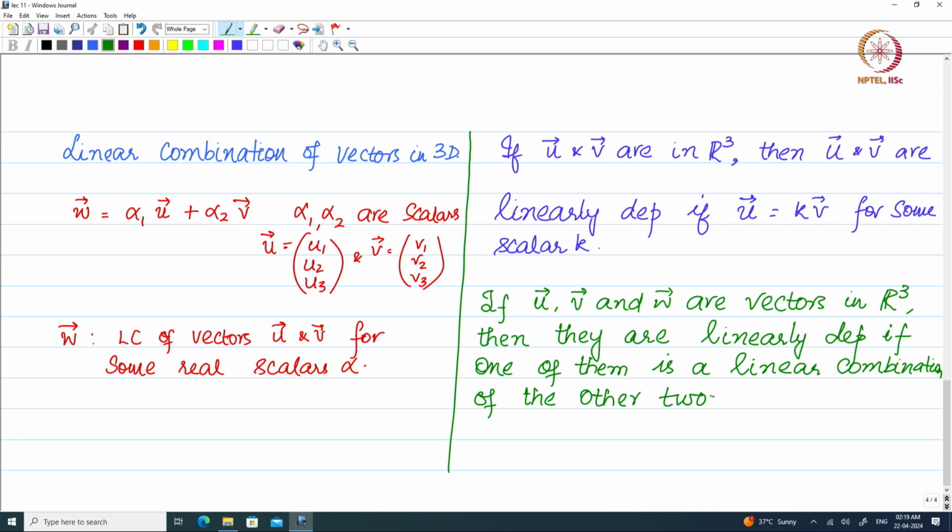Of course, we know that for 2 vectors, if they are linearly dependent, one is a scalar multiple of the other. If you have 3 vectors, then they are linearly dependent if one of them can be expressed as a linear combination of the other 2.